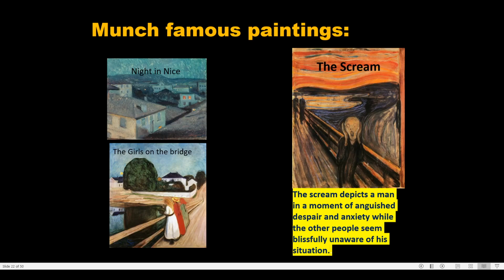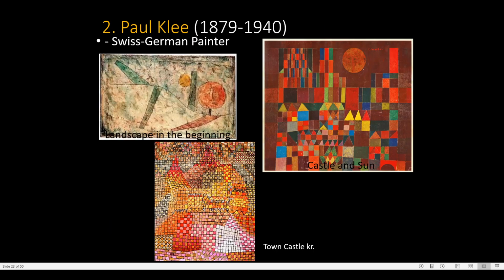The Scream is the most famous work of Munch. It depicts a man in a moment of anguish, despair, and anxiety, while the other people seem blissfully unaware of his situation.